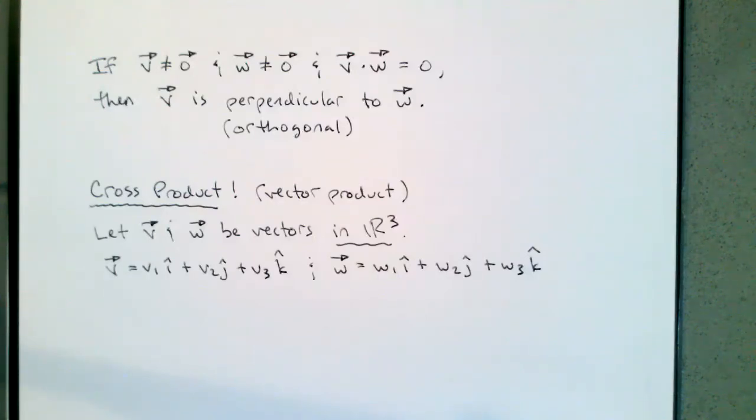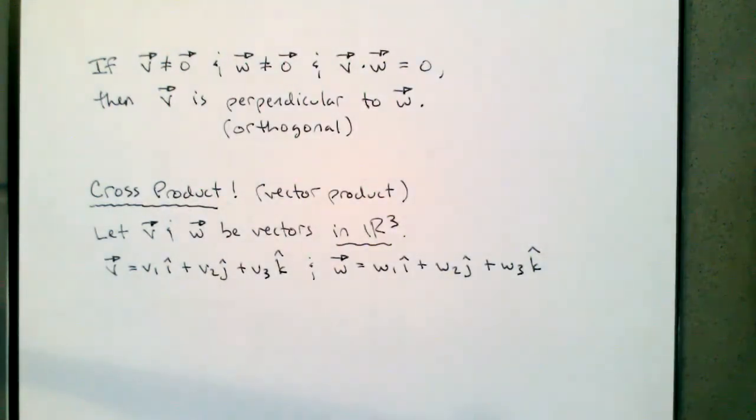Let's describe what this vector is first. So V cross W is going to be a vector that is perpendicular to V and W. This is what we find interesting about the cross product.